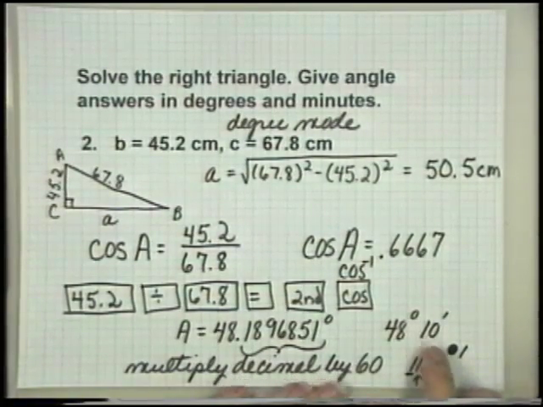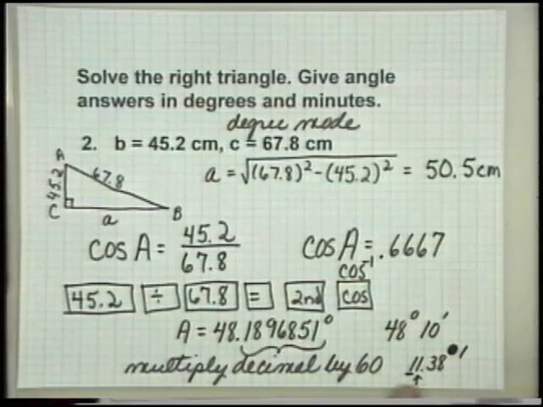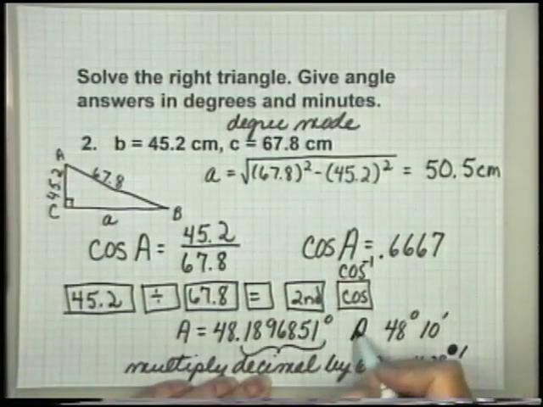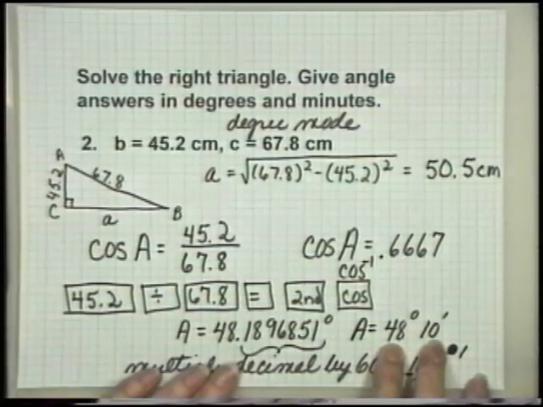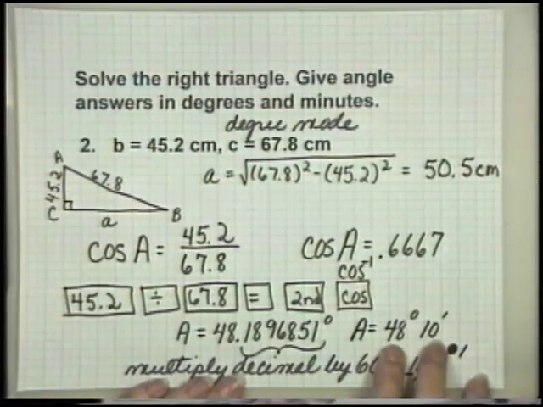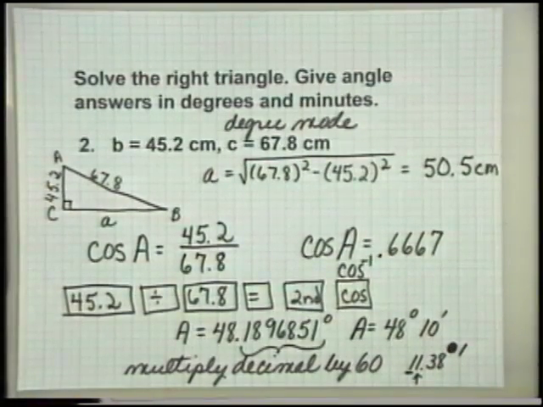So 11 minutes to the nearest 10 minutes is 10 minutes. What's 11 minutes closer to, 10 minutes or 20 minutes? Well, it's closer to 10 minutes. So our angle A, rounded to 3 significant digits, written in degrees and minutes, is 48 degrees 10 minutes.